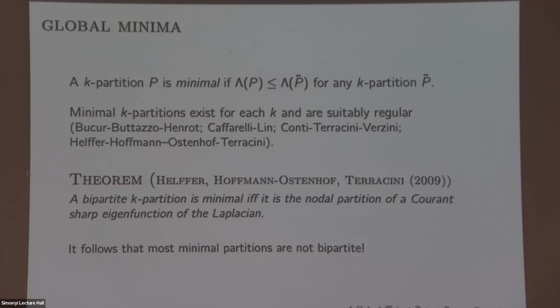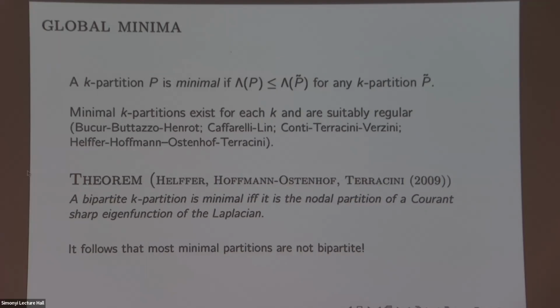Okay, so this is a minimal partition. What do we know about these? Well, it's been shown by a number of people, hopefully all listed here, that for any integer k, a minimal k partition exists. So we've got existence theory. There's nice regularity theory as well. Essentially, what you can show is that the boundary set of the partition, so the boundary of each of the subdomains, consists of piecewise smooth curves, and whenever they intersect, they have to do so at equal angles.